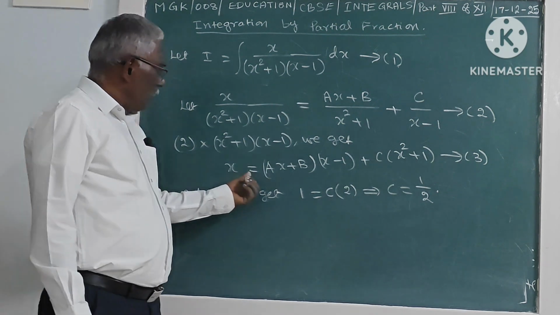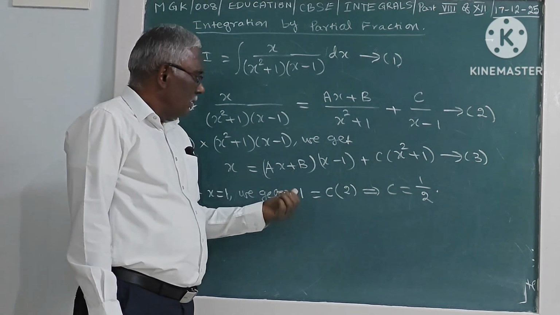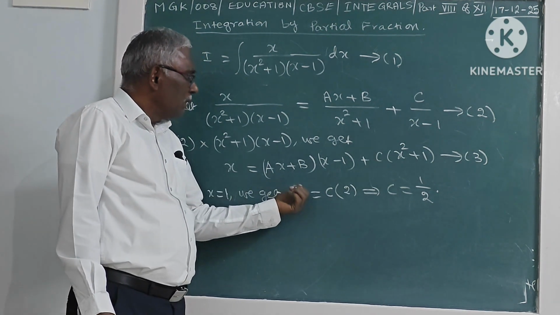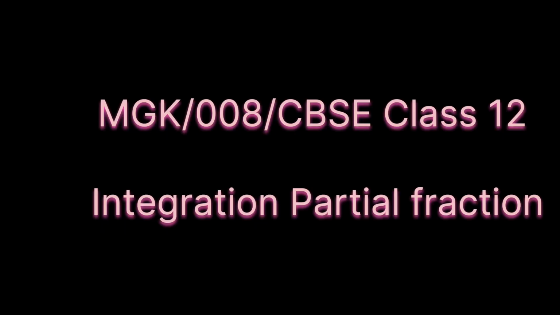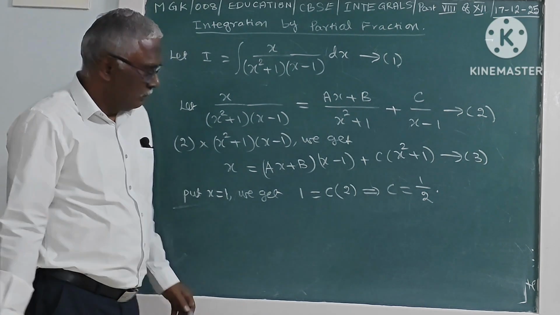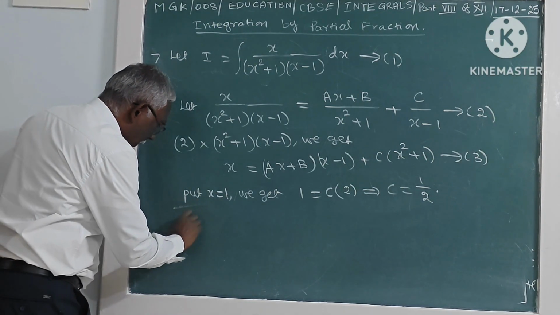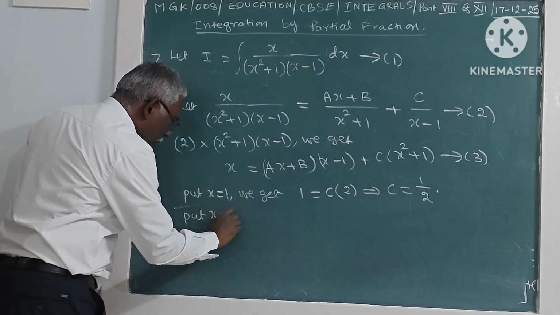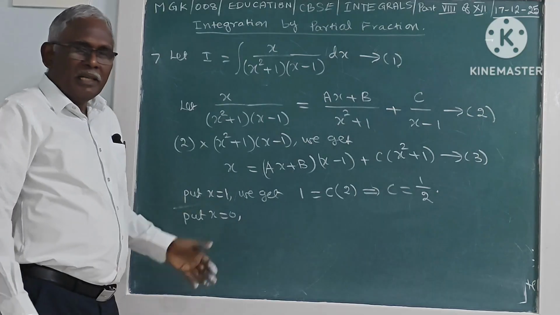Now what value do we have to substitute to get the value of a and b? We'll put some x, put x is 0. We can put any values.